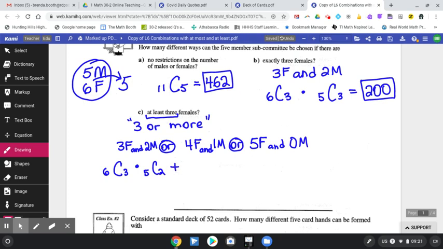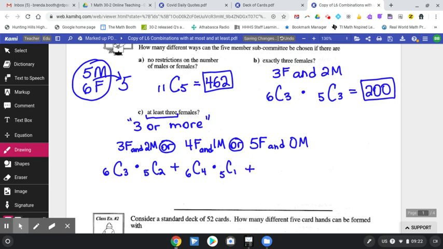Okay, our other scenario. So 4 females, there are 6 available, and we're going to choose 4. Multiply for the males, there are 5 males available, and we want to choose 1. Or again, that's adding.